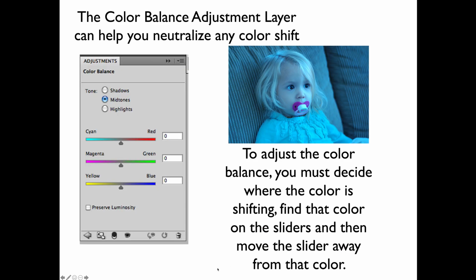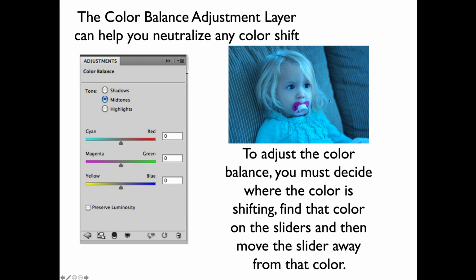Now this is actually from Photoshop. It's very similar in Photopea. So if we get back into school and you get to use Photoshop, it's going to look very similar. This is the color balance adjustment layer right here, and this is a photograph that's shifting in color. It looks kind of cyan.